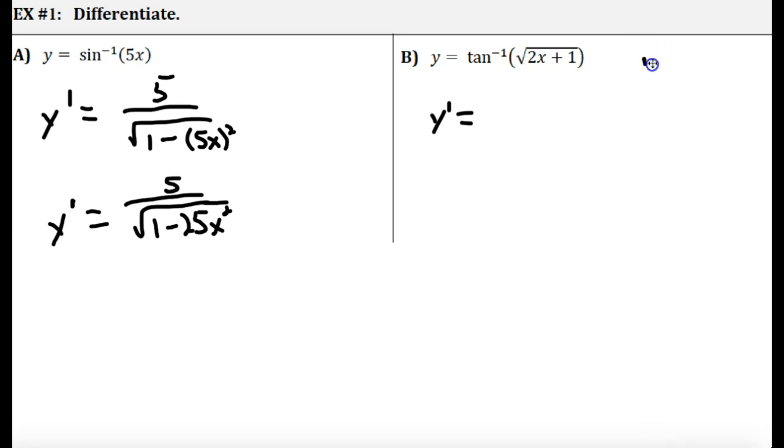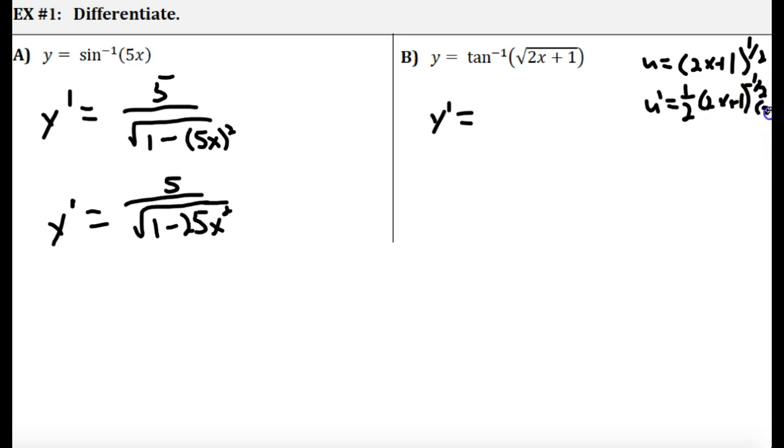I'm going to jot that down as my u, and I'm going to say that that's to the 1/2 power. So my u prime, what's going to go in the top, will be 1/2 times 2x plus 1 to the negative 1/2 power, then times the derivative of the inside, so times 2.